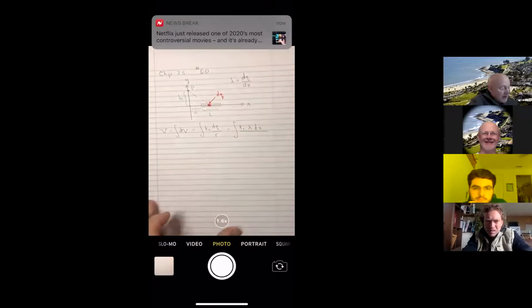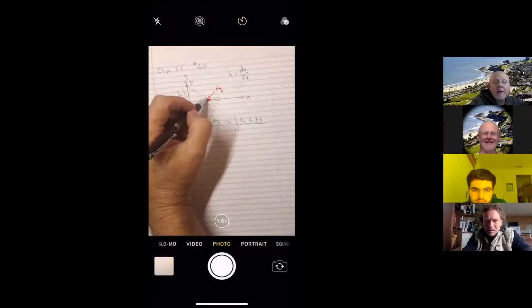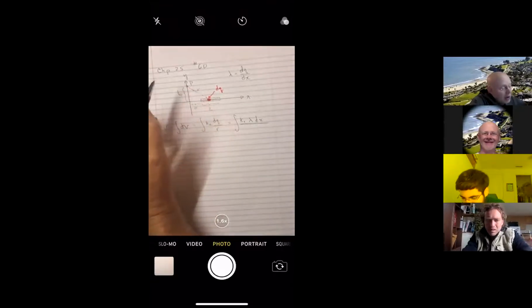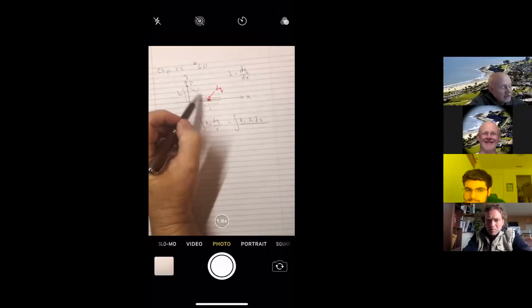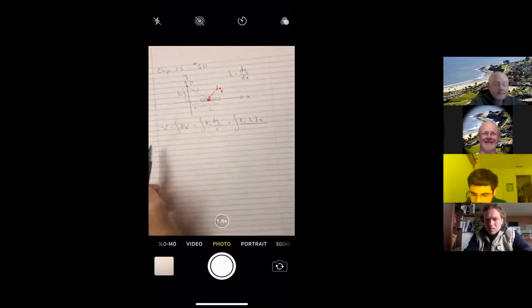Same logic goes in the bottom: this right here is the r, and that is the hypotenuse of a triangle that's made here. We've got different ways we could write this.